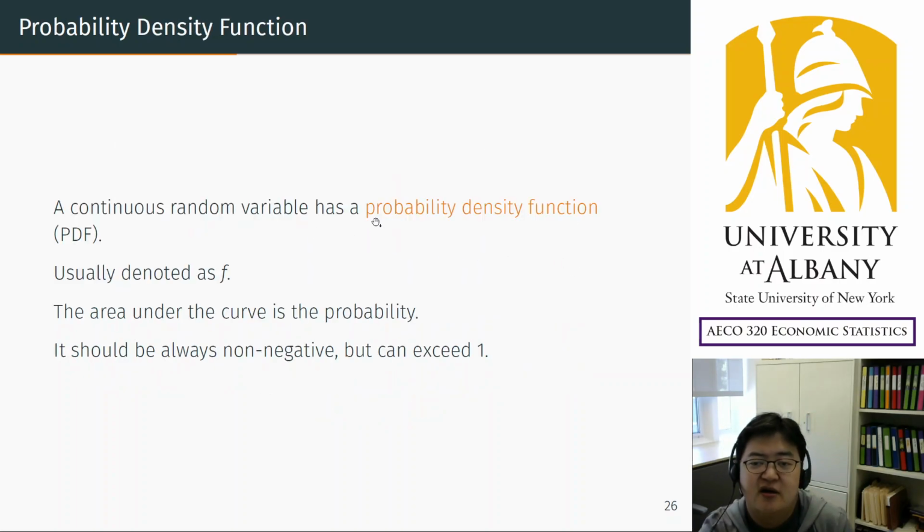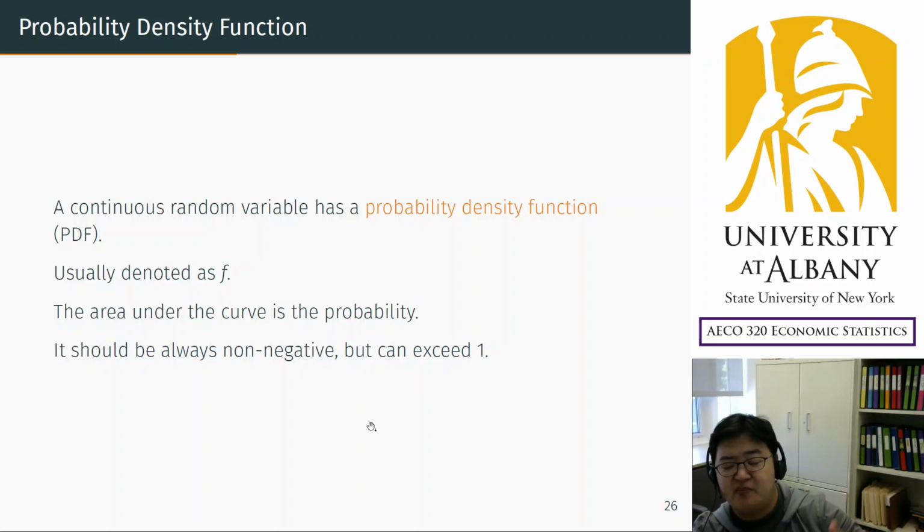We call that a probability density function, which is usually denoted as lowercase f and often called PDF. And as I said, the purpose of this curve is to make the area under the curve the probability, right?